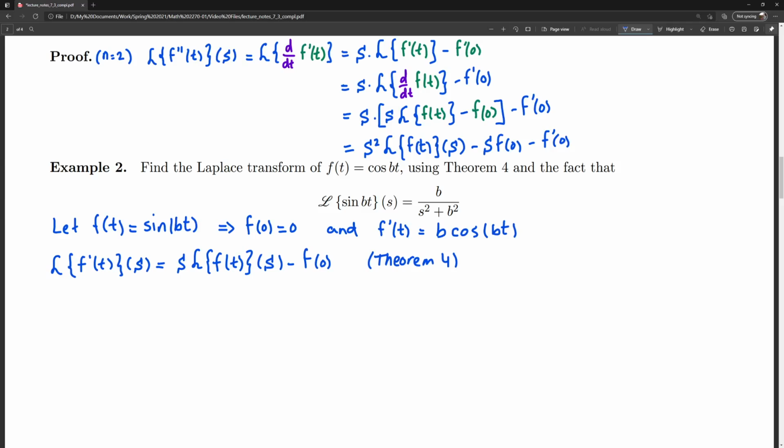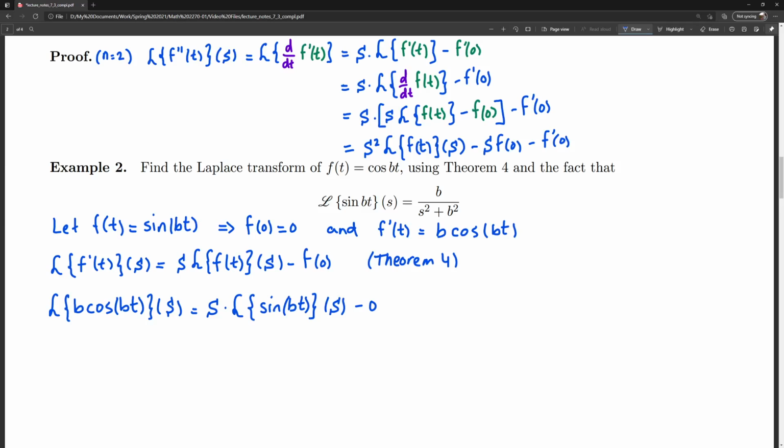So let's plug in what we know. The Laplace transform of f prime of t, which is the Laplace transform of b cosine bt, is equal to s times the Laplace transform of f of t. So that's the Laplace transform of sine of bt. And then minus f of 0. So that's minus 0.